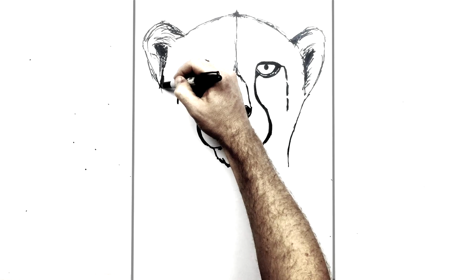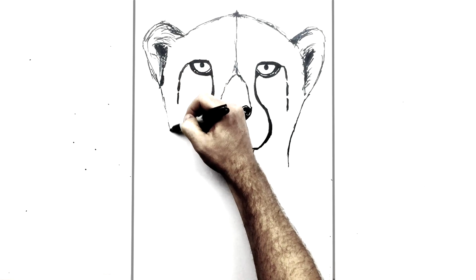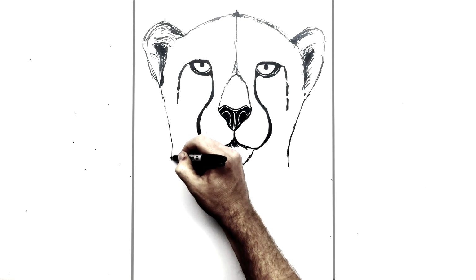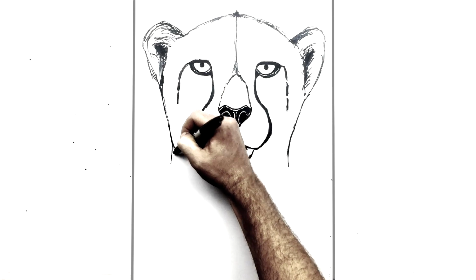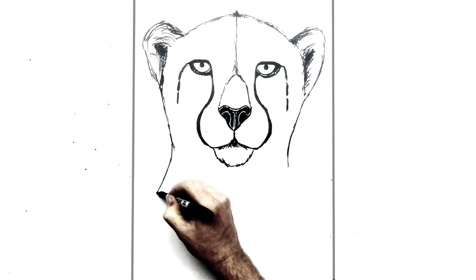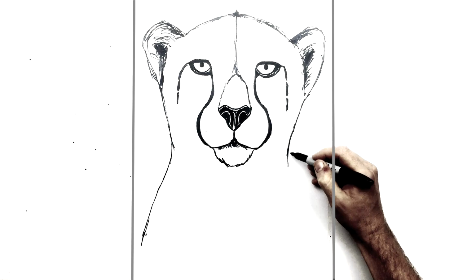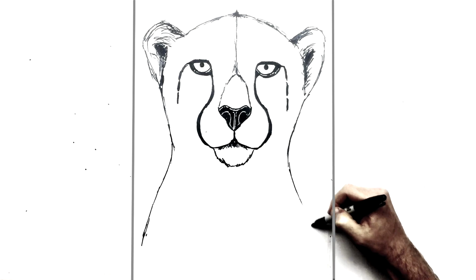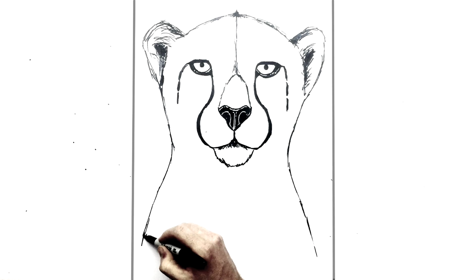Same on the other side. All the way down. This, and then it's going to go to his shoulders and off down the page here. All the way down, like so.